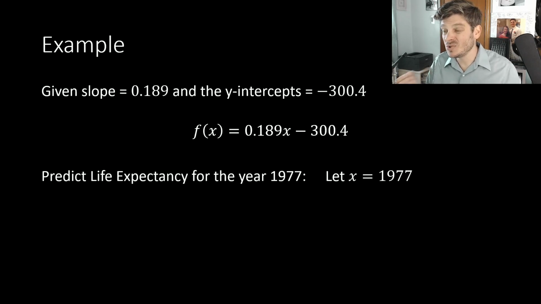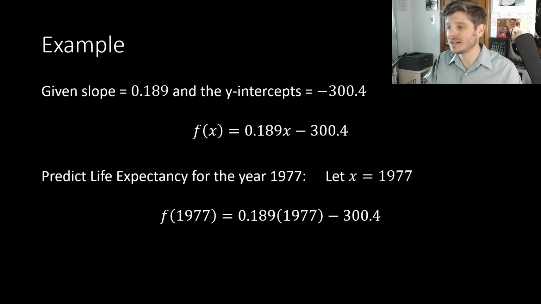Now I can use this linear model to predict my life expectancy. So let's say I want to predict what life expectancy was in 1977. All right. Well, that means x, right? x being my explanatory variable for year. I'm going to let that equal 1977. And when I plug that in, well, then it's just order of operations on that right-hand side.